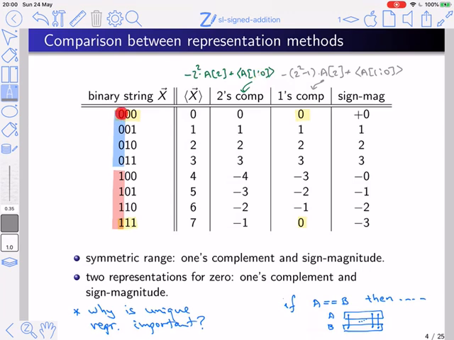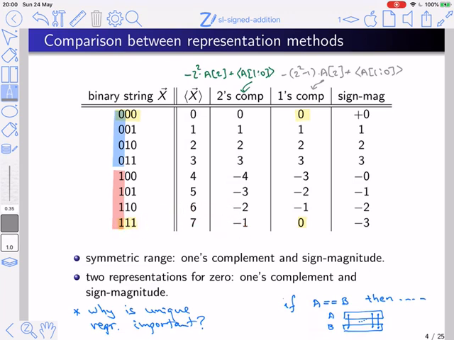So, if this most significant bit is 0, then the first addend is 0, and we're left with the remaining 2 bits, which represent 0, 1, 2, 3, and we are identical with the case in which we're looking at binary representation. What happens if the most significant bit is 1? Well, if the most significant bit is 1, its weight is minus 4, so we have minus 4 plus 0, it's a minus 4, minus 4 plus 1, it's a minus 3, minus 4 plus 2, it's a minus 2, minus 4 plus 3, it's a minus 1.